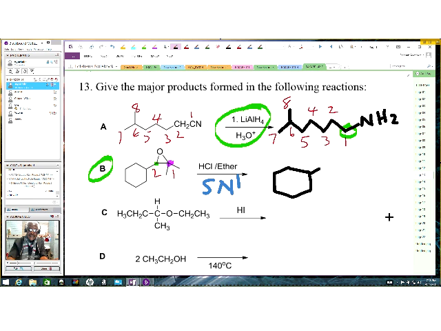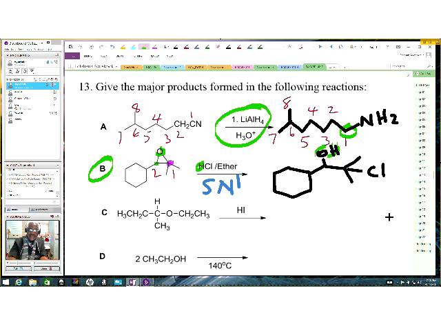See what we get here. We open up the epoxide. If you look at what is happening here, this hydrogen here attaches itself to the oxygen, and that is why you get this right here.